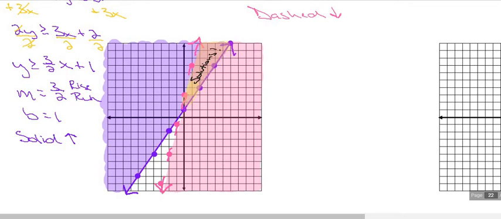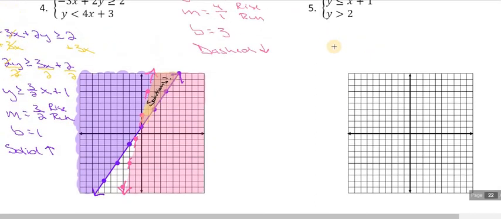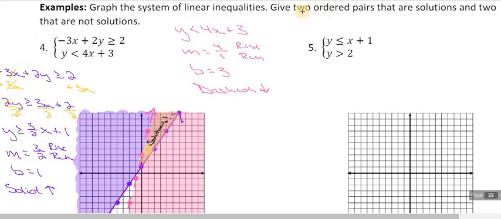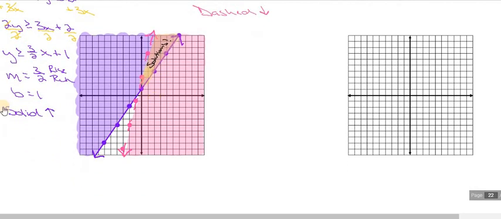Okay, so we want to make sure that it's clear where our solution region is, because sometimes the coloring can get out of control. All right, so in order to answer the remainder of the question regarding where we have two ordered pairs that are solutions and two that are not solutions, well, anything within this yellowish region is going to be a solution.